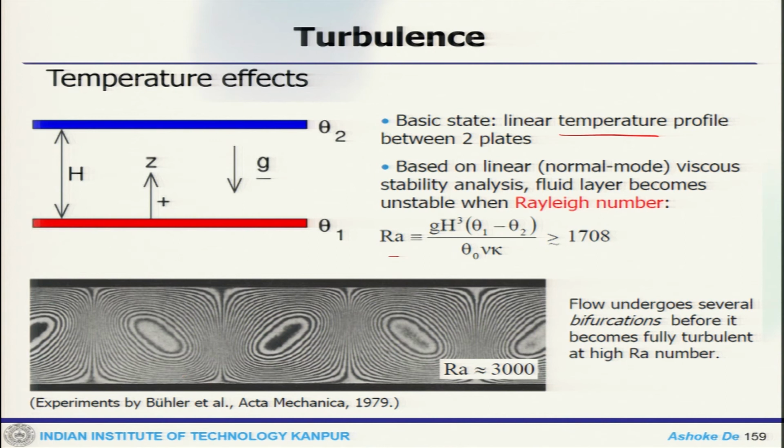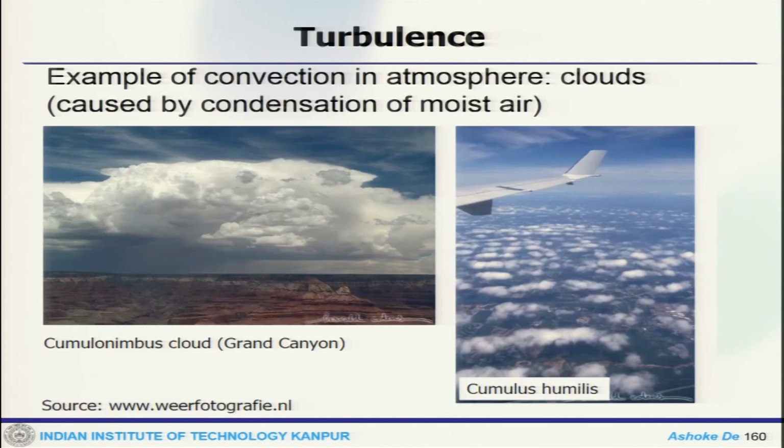So, it goes through multiple bifurcations before it becomes fully turbulent. So, these are some examples of this Rayleigh-Bénard convection in atmospheric clouds, where you can see these things.